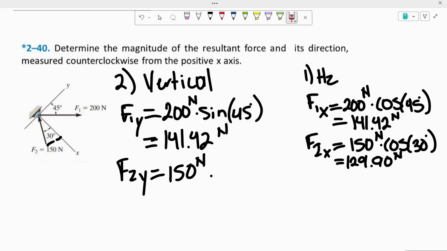So once again, we use sine of 30 degrees. So 150 times sine of 30 equals 75 newtons.